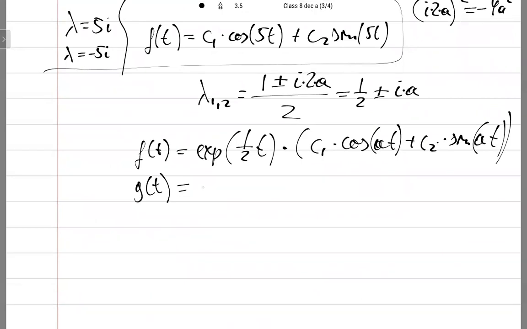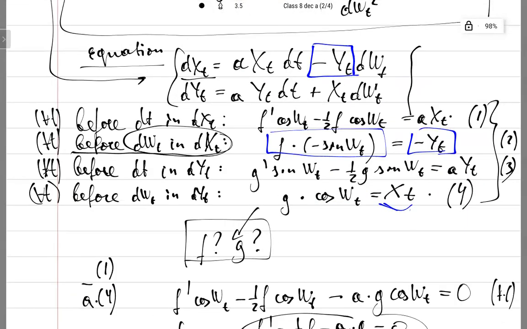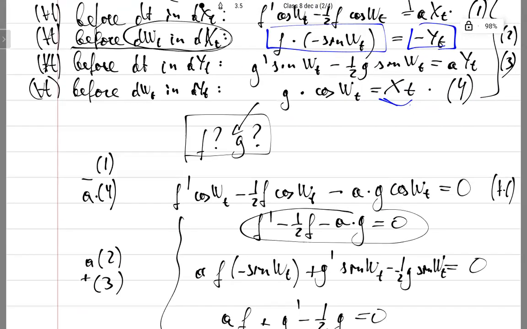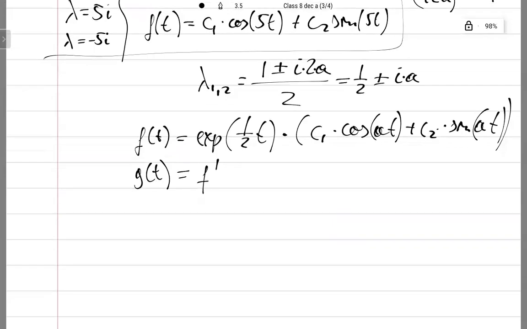It's f prime. Oh, I forgot. F prime minus 1/2 f, over a. Minus 1/2 divided by a, yeah? Without a whiteboard, it's a little bit tough. 1 over 2 f and divided by a. Okay? Yes.